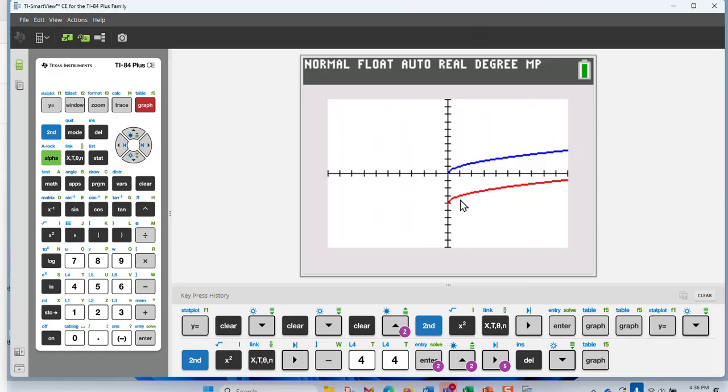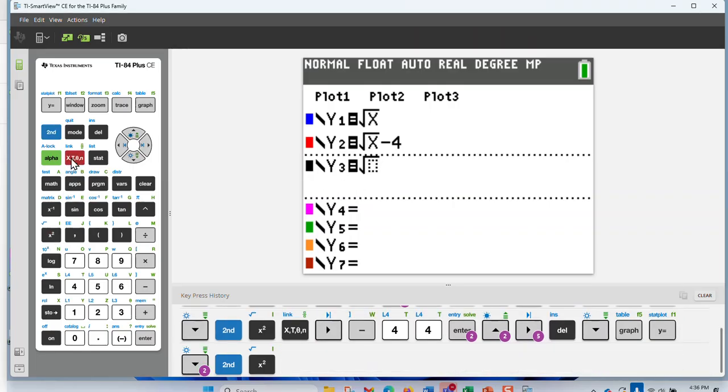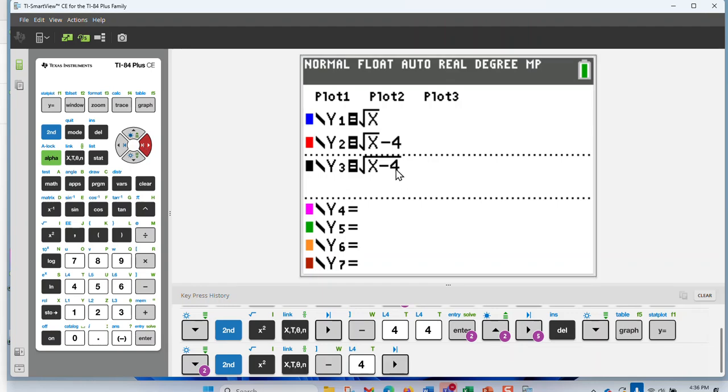And if some people put this by accident inside, if you put a negative 4 inside the square root, this is moving to the right for 4 units. This is moving in the x direction. So you can see the y3, the black one, is moving to the right for 4 units. Look at that.